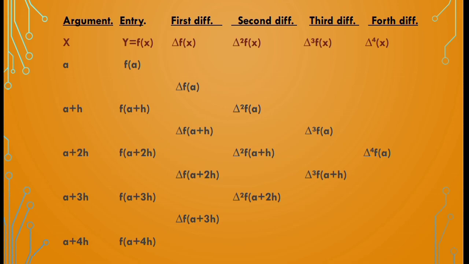Entry: f of a plus h, f of a plus 2h, f of a plus 3h, f of a plus 4h. First difference: the difference of the first and second entry is called the first difference, and the difference of the second and third entry is called the first difference. So friends, similarly we get the fourth difference, delta raised to 4 f of a.